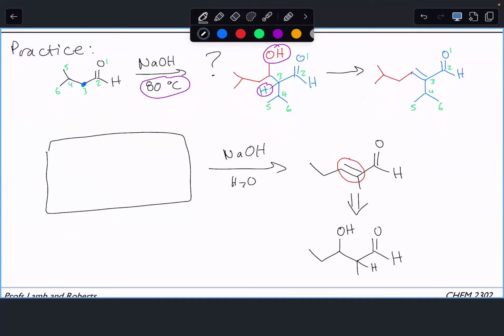So just going one step back. And then from my aldol addition product, I know that my nucleophile is an enolate, which is that part. And my electrophile was an aldehyde, which was that part. So this is the bond that was made during the aldol reaction. So then I go backwards again.